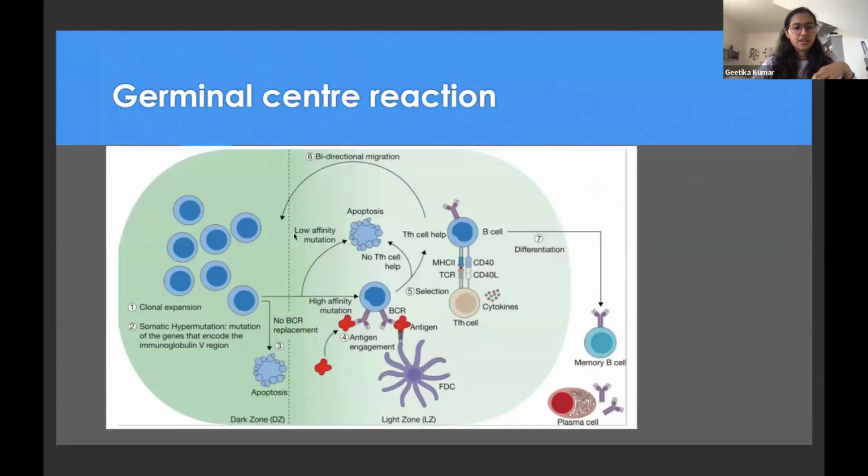The way this works is that in the germinal center, you'll have 2 regions, the dark zone and the light zone. In the light zone, you've got the T follicular helper cells, which bind to the B cells and induce clonal expansion, or basically activate the B cells. The activated B cells then migrate to the dark zone, and in the dark zone, they undergo clonal expansion, so that's cell division by mitosis.